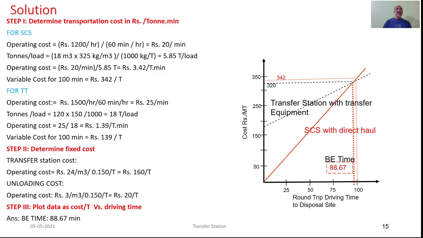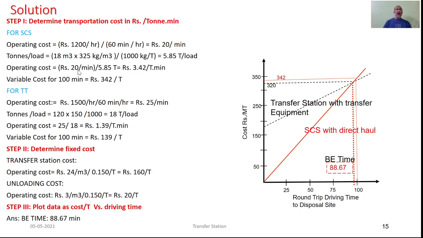We can work in certain way. So in step 1, say for direct hauling, which is involving certain stationary container system, we can work out the transportation cost in terms of rupees per ton per minute. So the steps that are followed are very clear.